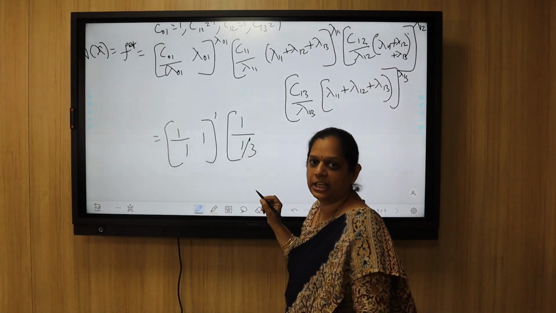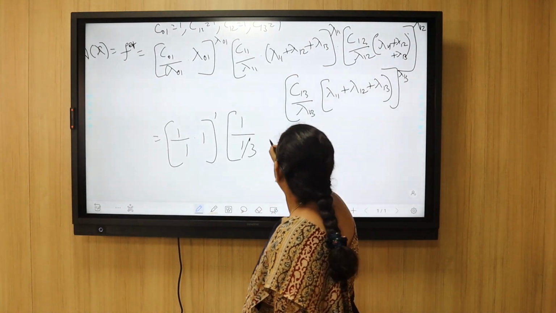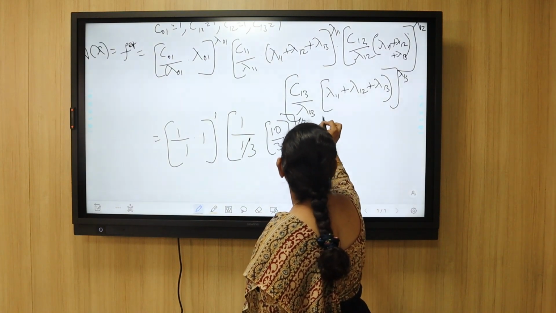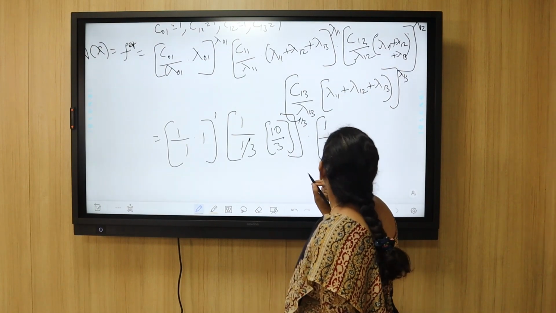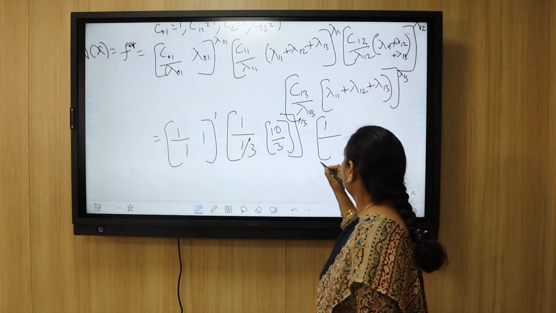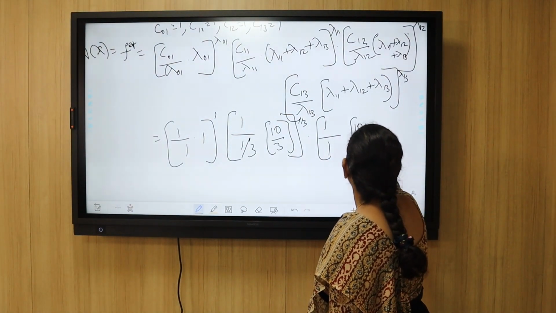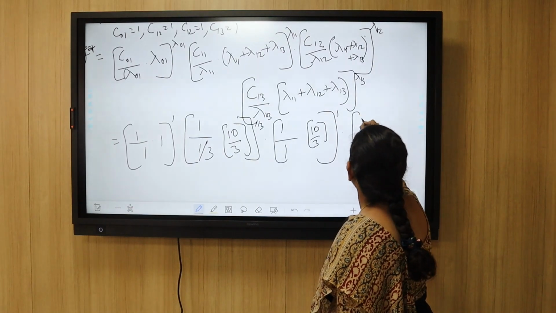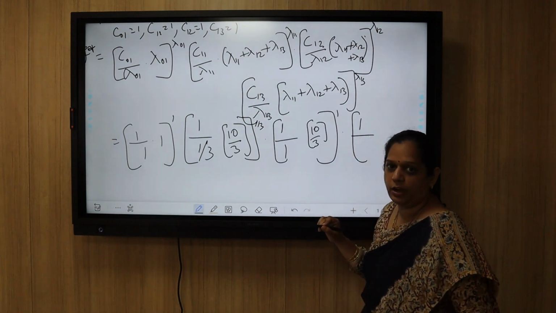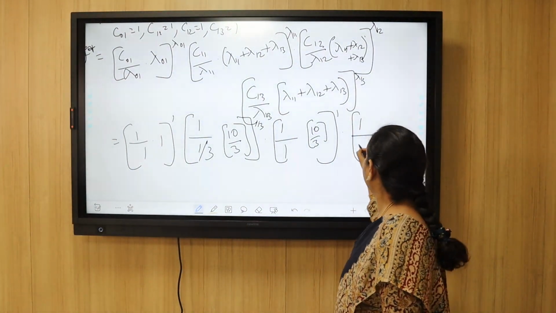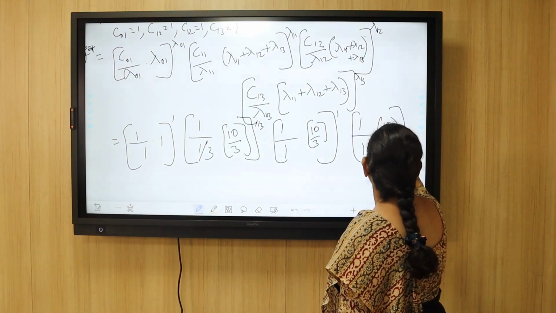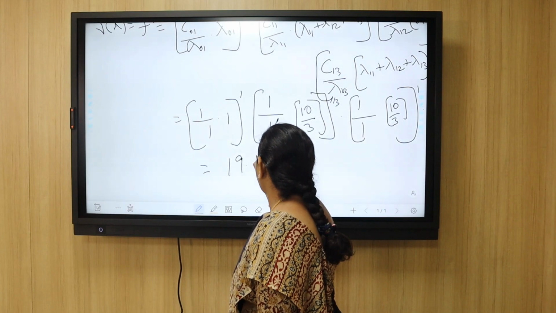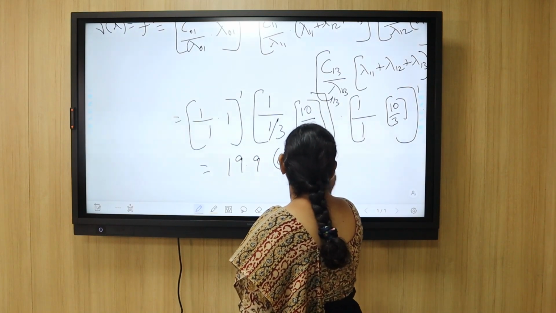So by adding all these three, that is 1 by 3 plus 1 plus 2, how much are you getting? 10 by 3, into 10 by 3 whole to the power of 1 by 3, into C12 is 1 by, how much is lambda 12? Lambda 12 is given as 1, again 10 by 3 whole to the power of 1, and C13 is 1, 10 by 3 whole to the power of 2. So the solution you got here by solving this is 19.9 or 20. So the optimal solution you got here is 20.